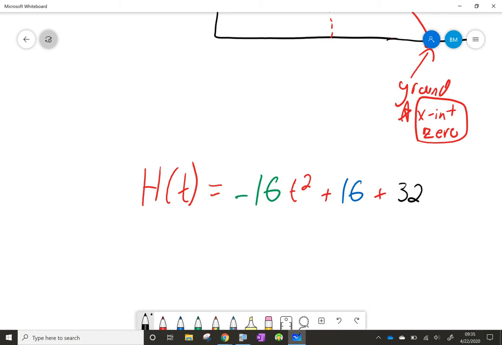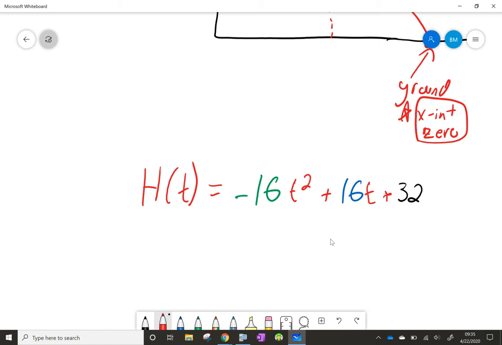Oh, I forgot the t part in the 16t. There you go. It looks like a plus sign, but it works. Okay, perfect. So there's our quadratic that represents height.